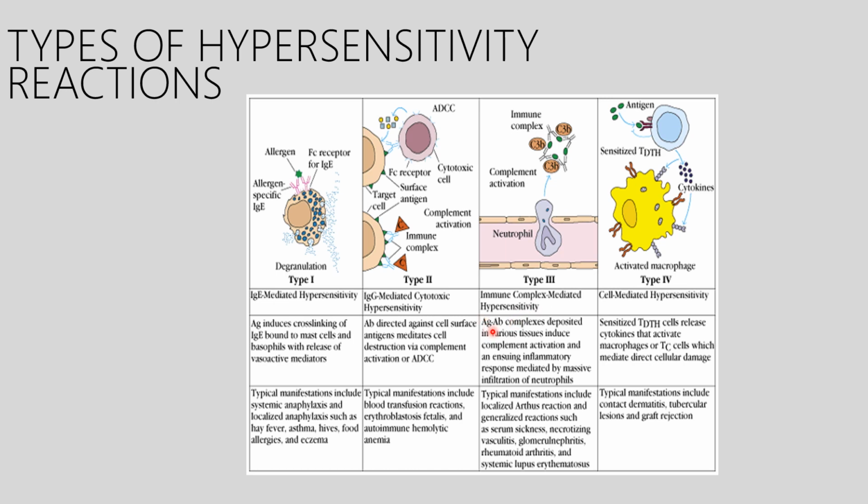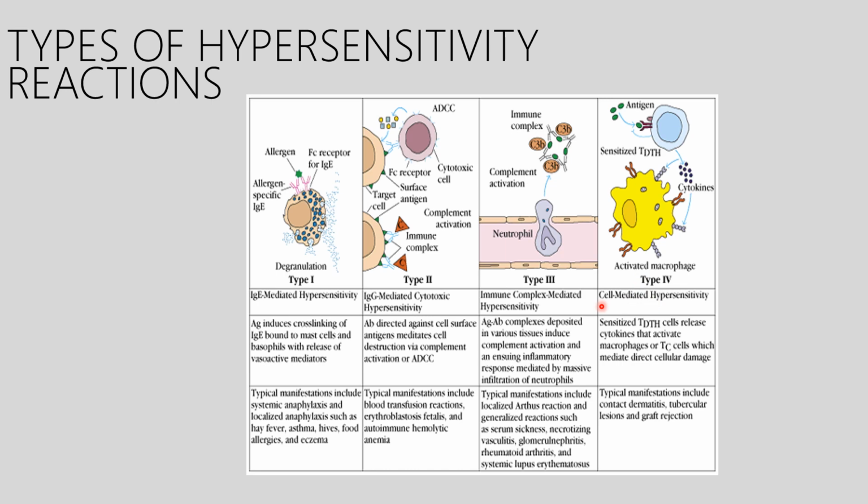So there are antigen-antibody complexes that are deposited in different tissues, and the deposition of these complexes triggers complement activation, thus eliciting an inflammatory response. So what are the examples? Localized Arthus reaction or generalized reactions such as serum sickness, vasculitis, and some glomerulonephritis.